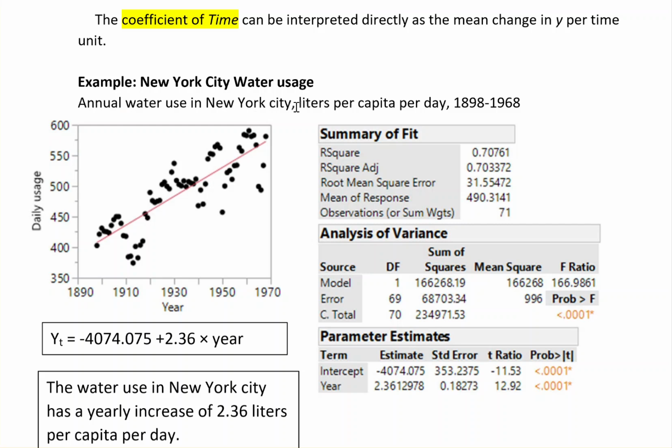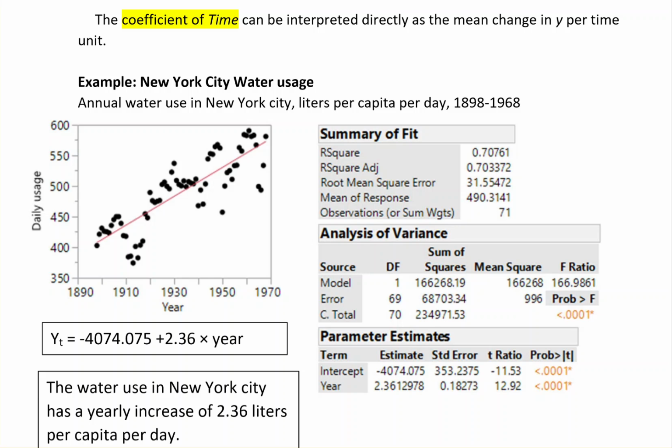This is the data I want to analyze. When I plot the data, I have the year on the x-axis and the daily usage on the y-axis. So what is the overall trend? The overall trend is increasing, right?